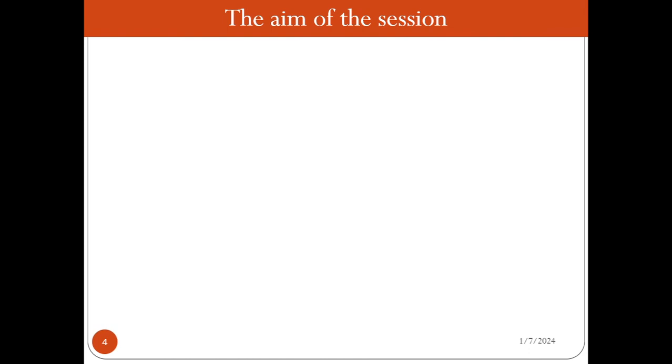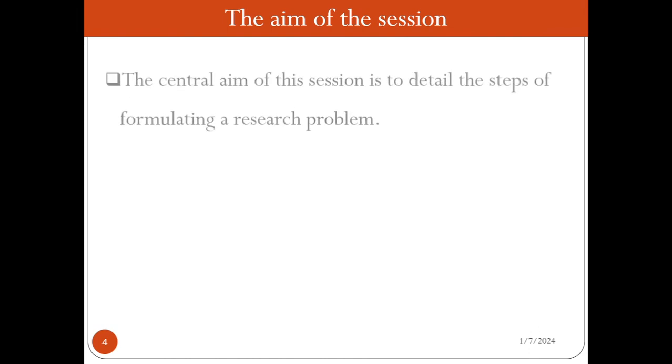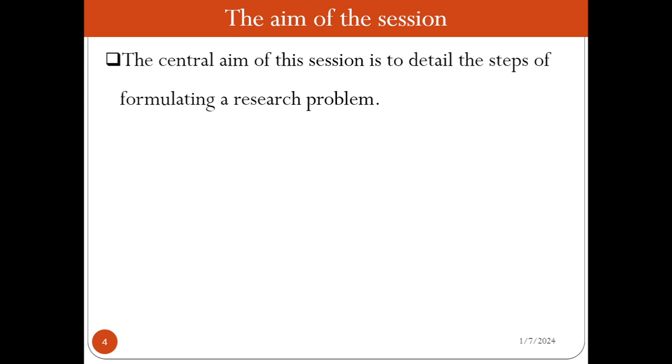So what is the goal or the overall aim of this session? Because this session talks about the number of steps involved in the formulation of a proper or appropriate research problem, by the end of it we will understand all these things.